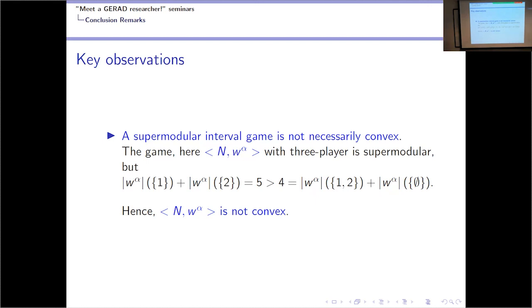So 5 is greater than 4. In this case, the second condition does not hold. So that's why it is not convex. But anyway, a supermodular interval game is not necessarily convex. So these were our observations.